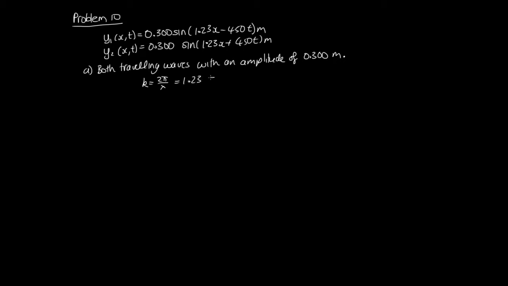And so that tells us that the wavelength is equal to 2 pi over 1.23, which is equal to 5.11 meters, and the omega is equal to 2 pi f, which is equal to 450, which tells us that the frequency is equal to 450 over 2 pi, which is equal to 71.6 hertz.